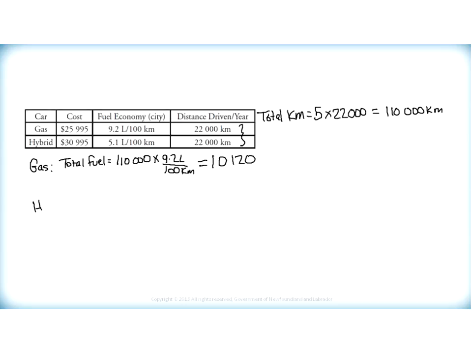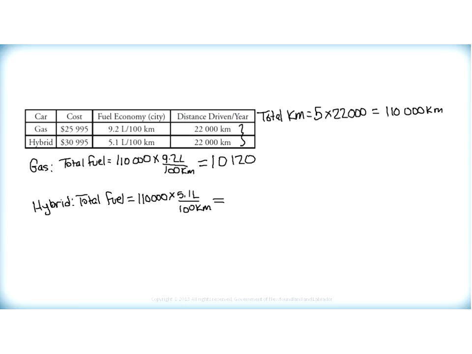So for the hybrid, total fuel is, we have the same number of kilometers, and multiply that by 5.1 liters per 100 kilometers this time.